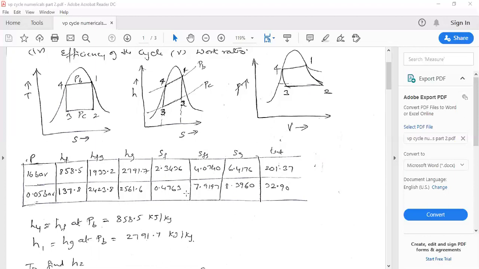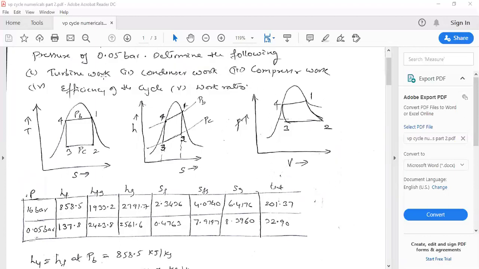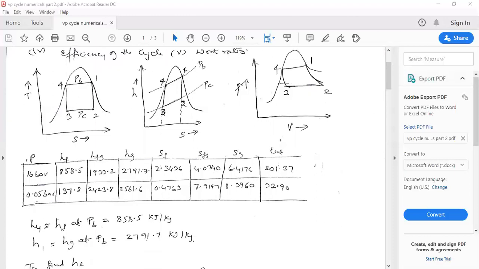Now, once we obtain this data from the data handbook, to determine the things asked in the problem, the first thing we need to do is obtain the values of H1, H2, H3 and H4. Since, as I said, turbine work is H1 minus H2, we need to obtain the values of H1 and H2.